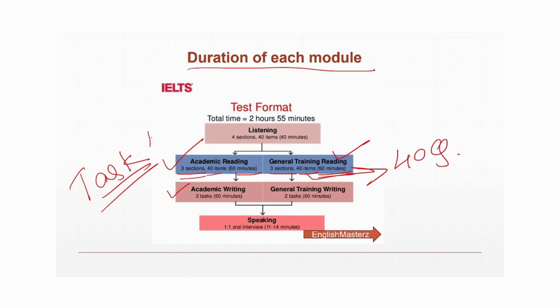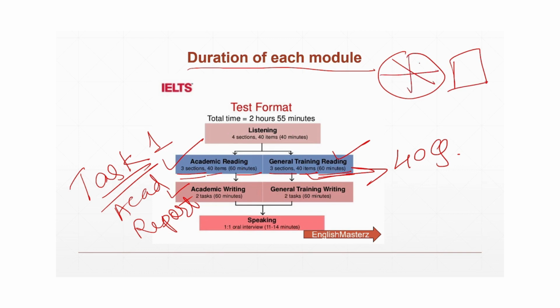Writing task 1 in academic consists of report writing, wherein you are given data, let's say a pie chart or a line chart, in tabular or diagrammatic form, and you have to convert that into a report, that is a paragraph, and it should be precise.